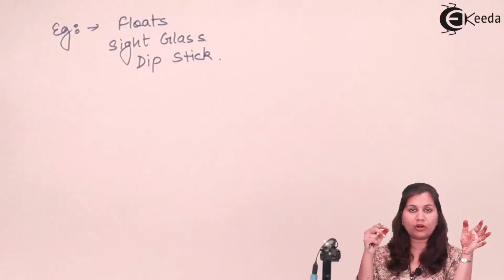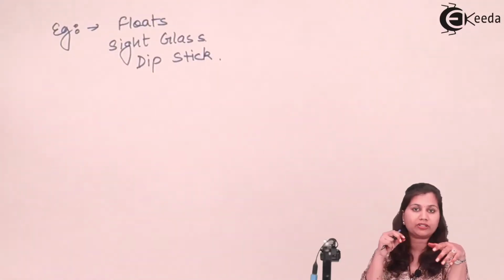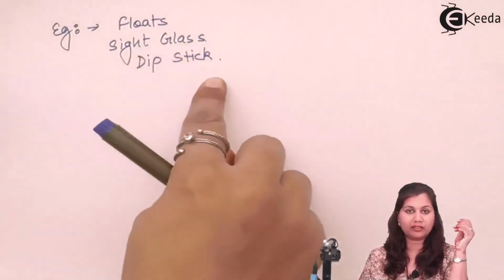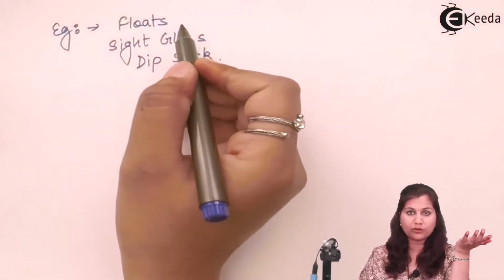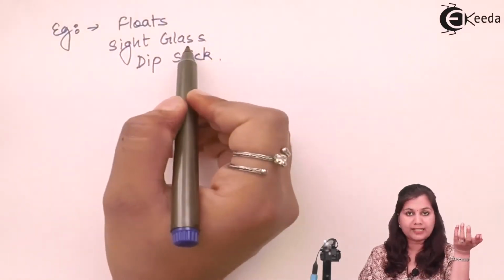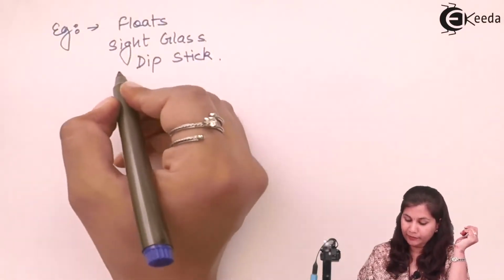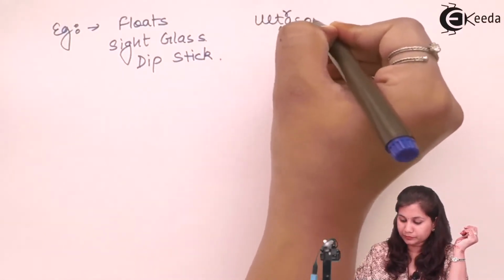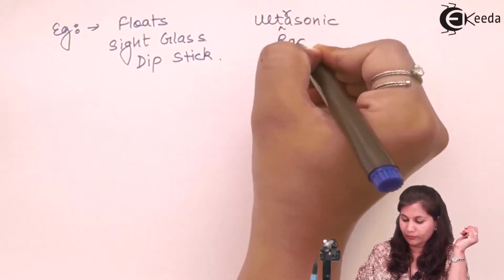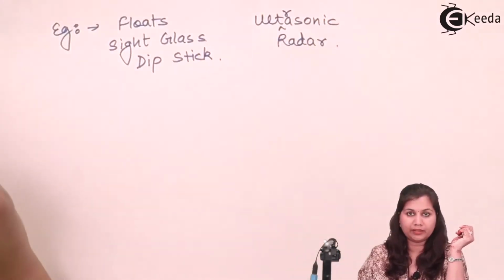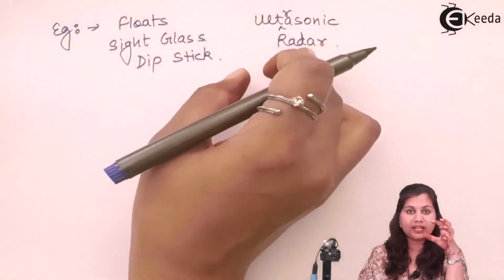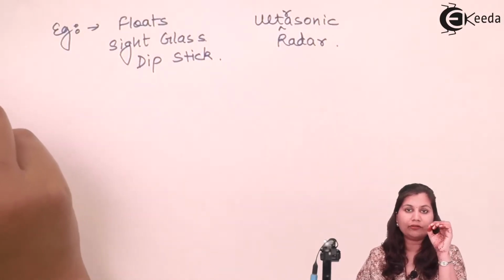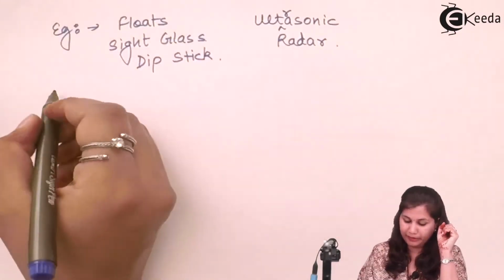We know the length of the rod, so with the help of that we can measure the level of the liquid. So in ancient times, the dipstick method was used. Floats and float valves are also used. The sight glass method is also used, and ultrasonic and radar are also types of direct methods. So with these methods, we get a direct indication of the level of the liquid.